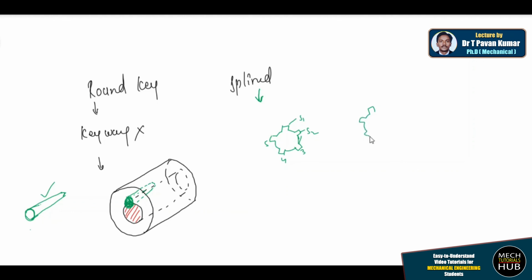Try to understand, something of this kind. Let us say this is the hub. Now the internal diameter is not circular, it is splined, grooved. Now we place the shaft directly inside, and all the splines will maintain some length.